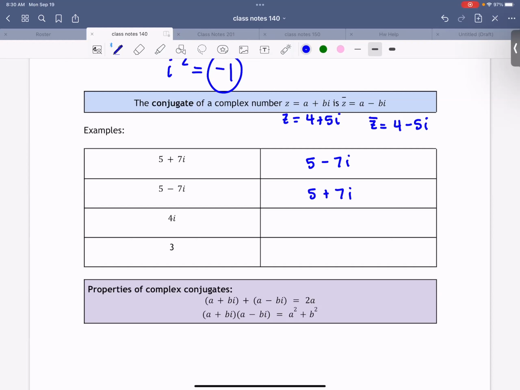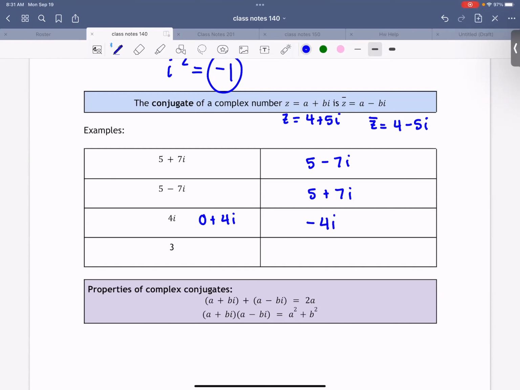What do you think the conjugate of 4i would be? Negative 4i, right? The reason it's negative 4i is because 4i is just 0 plus 4i. If we flip the imaginary part's sign, it would be 0 minus 4i, but we don't have to write the 0.